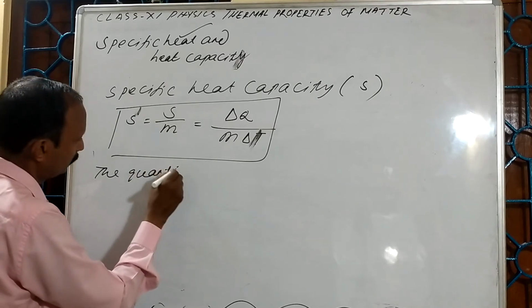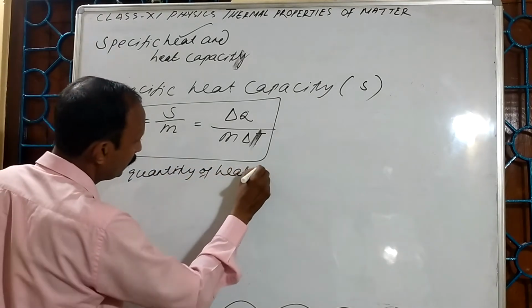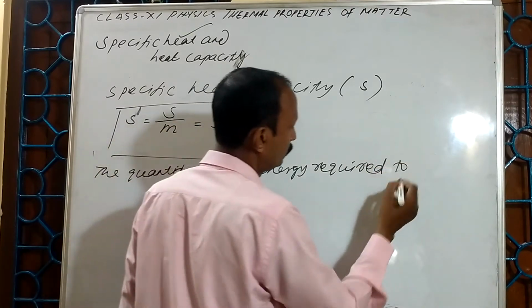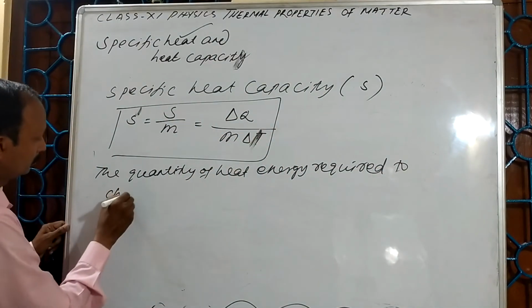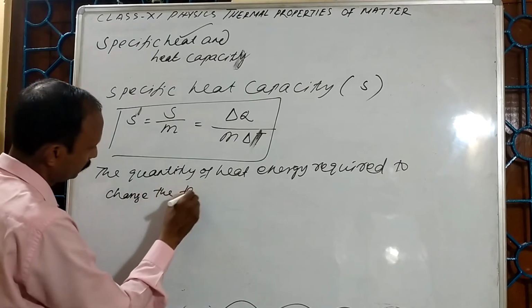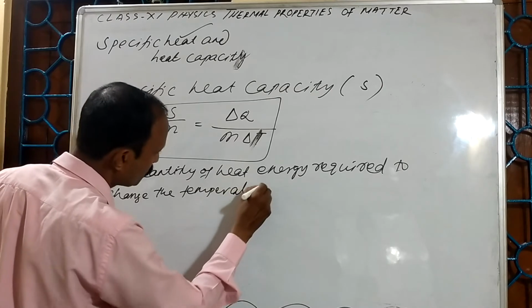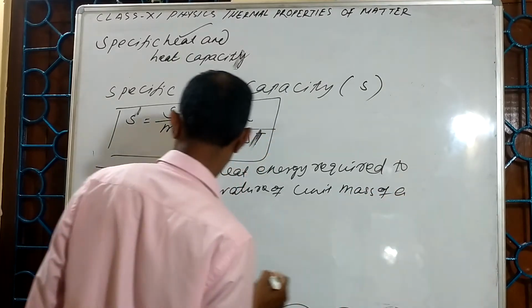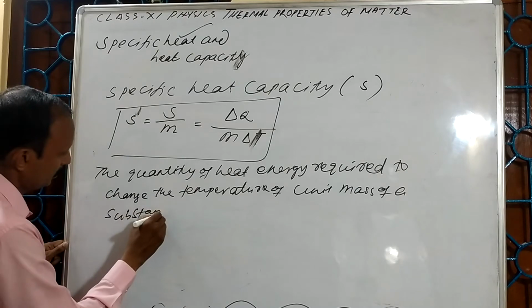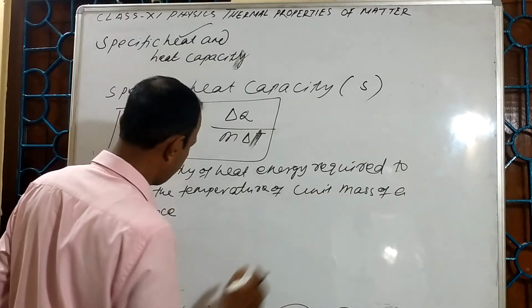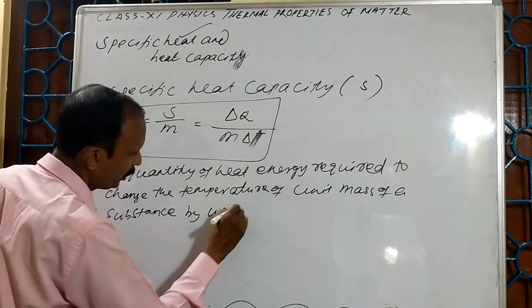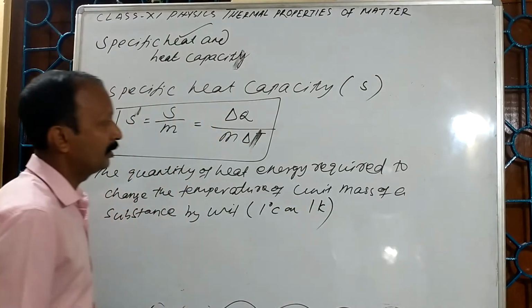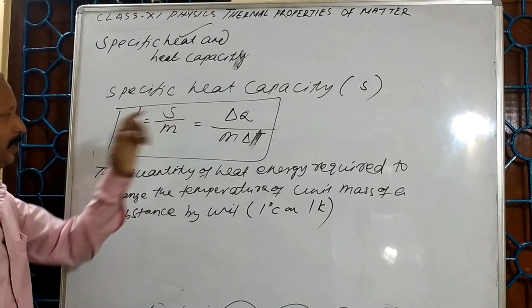The quantity of heat energy required to change the temperature of unit mass of a substance by 1 degree Celsius or 1 Kelvin. This is called specific heat capacity.